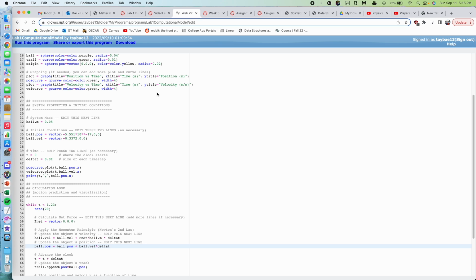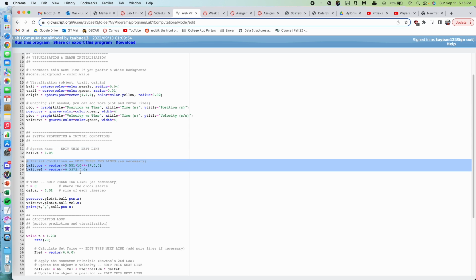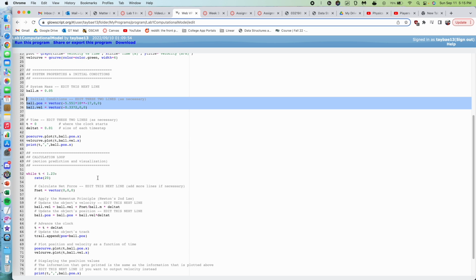So now we're here in GlowScript to look at the code. Here we can have a look at the initial conditions right here, where I set the mass and the initial position and velocity of the ball, which I calculated before from Tracker.